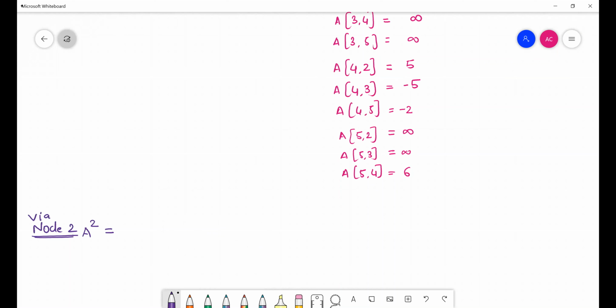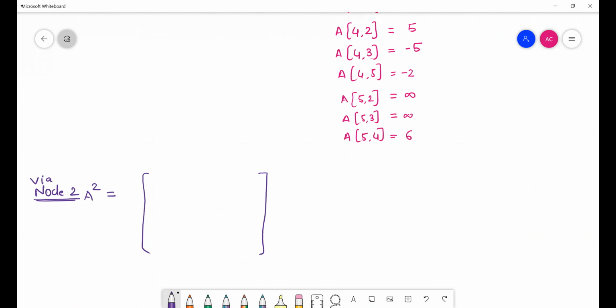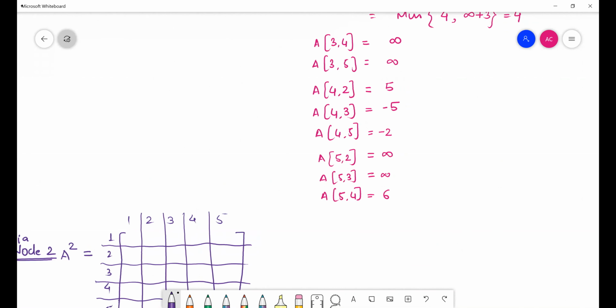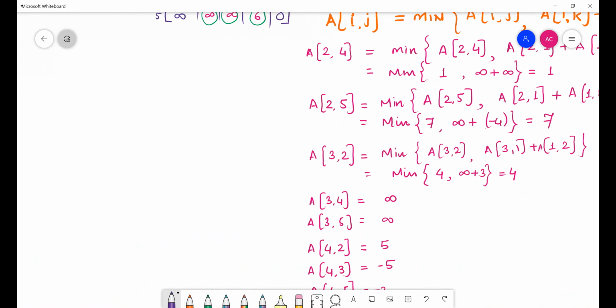So once again, I will form that matrix. Now, because we are calculating from node 2, which rows and columns will remain unchanged? Second row and first column.